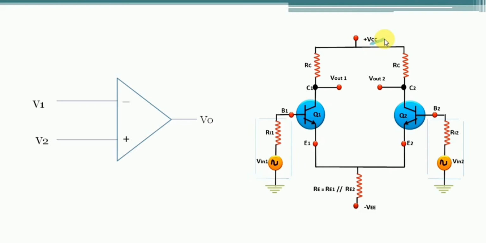For a practical op amp, the input terminals draw a small amount of current from the DC source in order to bias the transistors, even though the transistors Q1 and Q2 are symmetrical in nature. But these transistors will draw different currents due to mismatches.